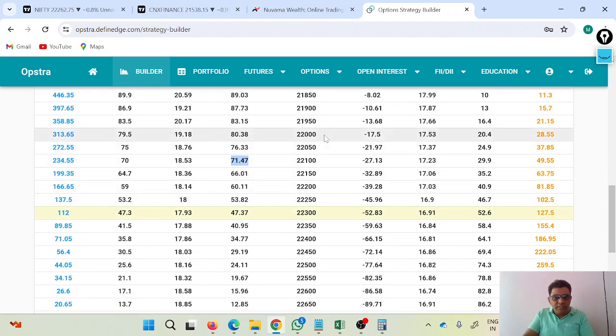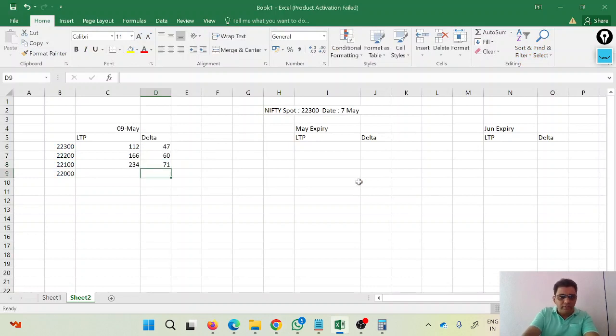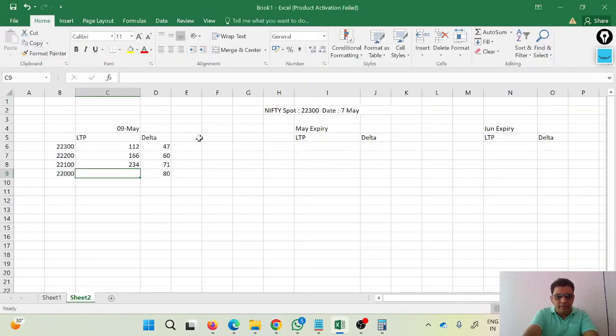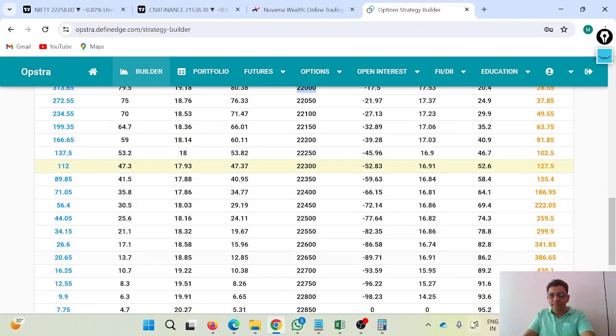And 22,000, this is 80.38, around 80. And what is the LTP over here? That is 313. The same things I will write down for May expiry.